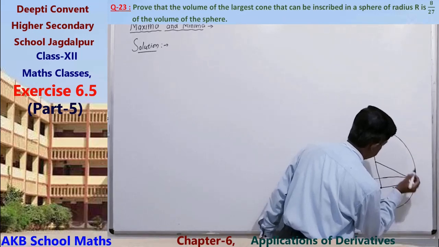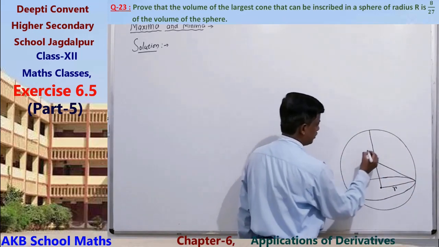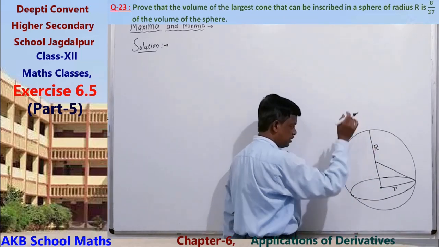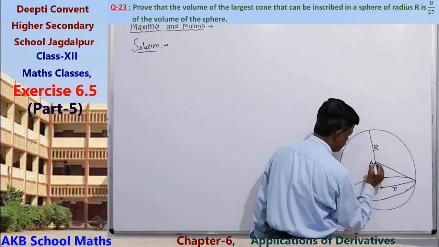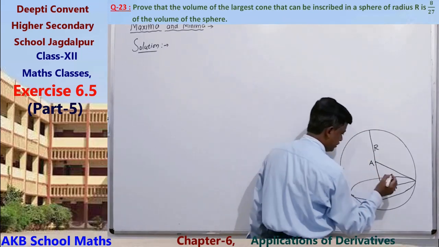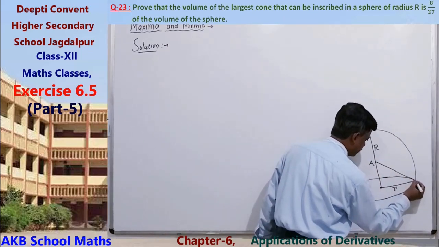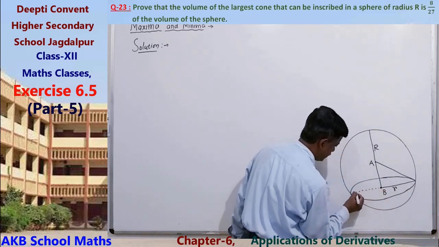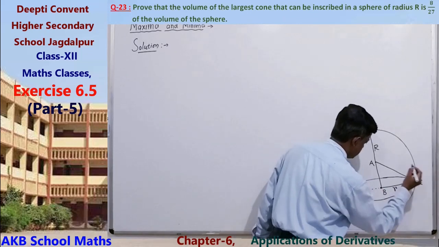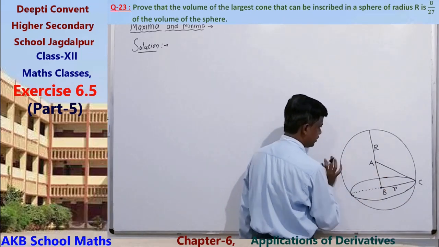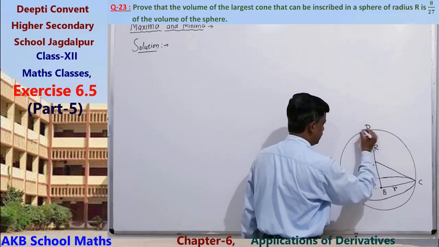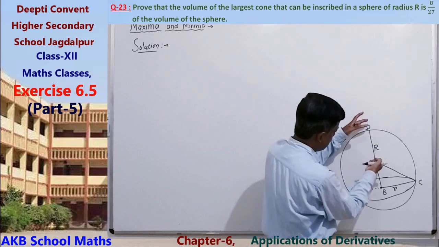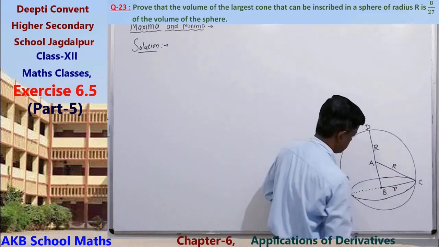So we can make this type of figure. Suppose this is the radius of the sphere, A is the center of the sphere, B, C, D. This is the sphere of radius capital R. This is also a radius.